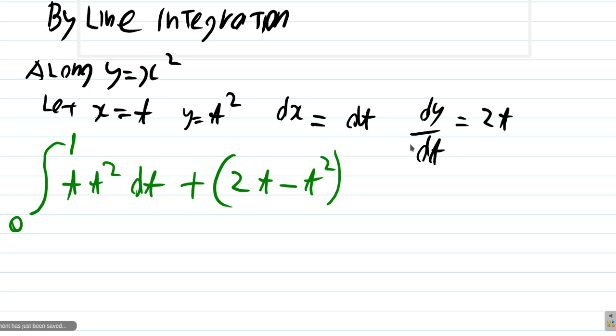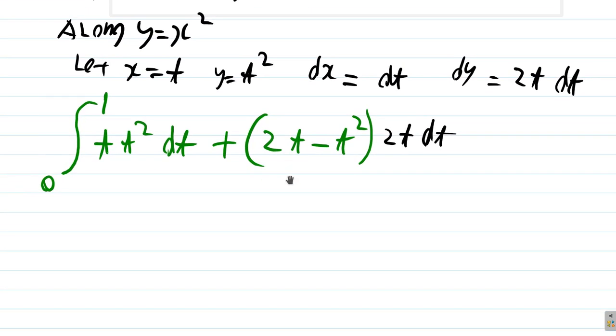So when you transpose, multiply both sides by dt, you get dy is equal to 2t dt. Alright? So we are consistent now. We don't have two letters mixed up. We have all t's and dt's.